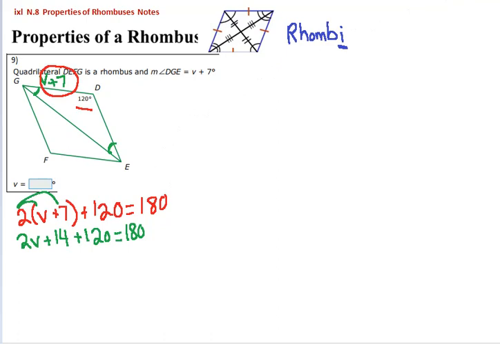Okay. Next one, we can combine these. 2V plus 134 equals 180. What color now? Orange. All right, so you want to subtract this from 180.